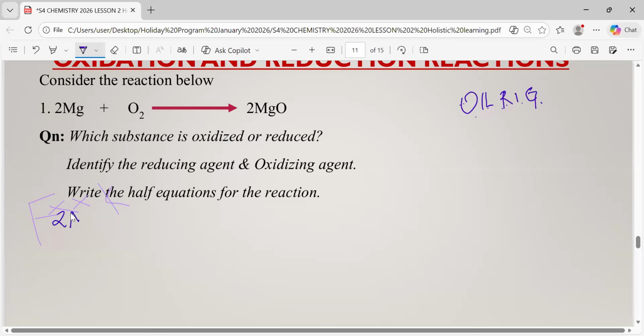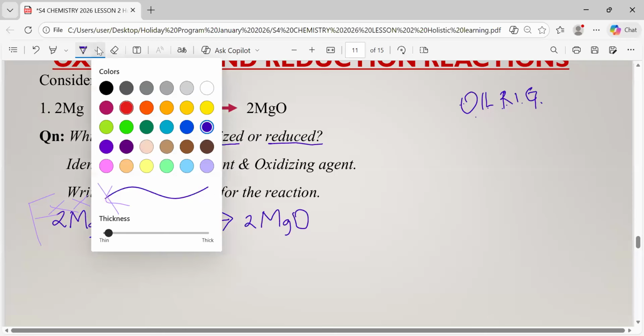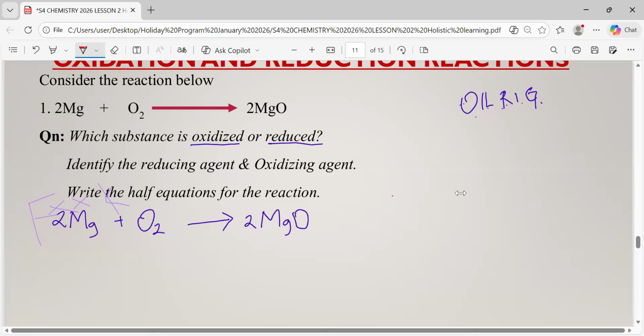You can tell us magnesium reacting with oxygen to produce magnesium oxide. Now they are saying which substance is oxidized, which one is reduced. Can you answer that? The one which is oxidized.